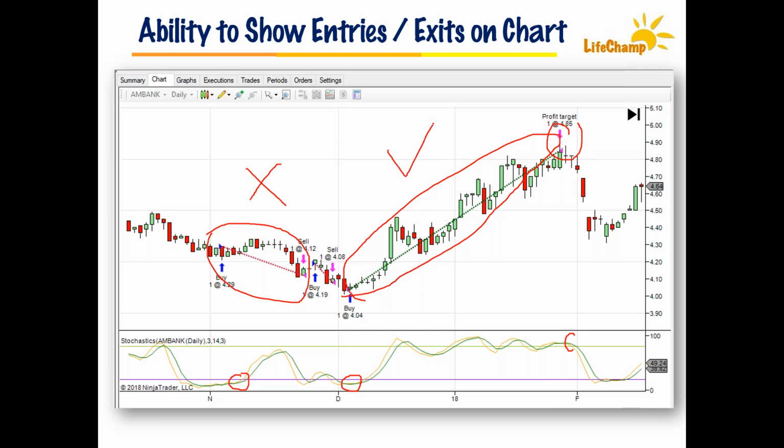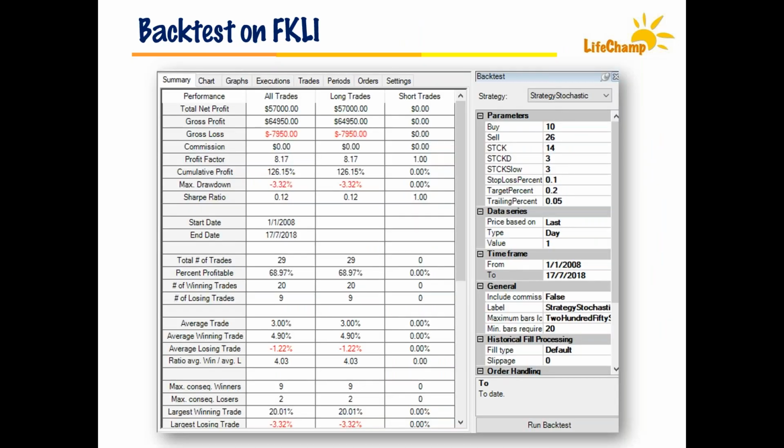So this at least shows you that no matter how well you define your system, you still run into some losing trades. Here we show you some using actual data. It actually works for FKLI for the past few years, but again, you're assuming that history may repeat.